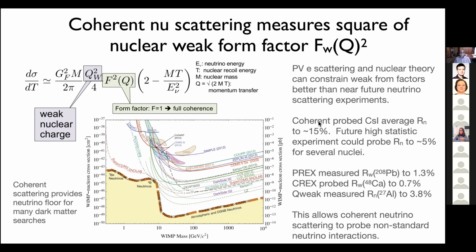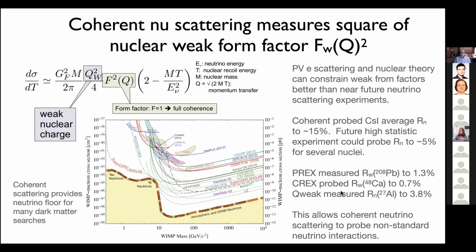A future high statistics neutrino scattering experiment could probe the neutron radius of a variety of different nuclei to something like 5%, or perhaps a little better. In contrast, PREX has measured the weak radius of lead with parity violating electron scattering to 1.3%, and the CREX experiment I'll talk about today has probed the weak radius of calcium-48 with a sensitivity of 0.7%.